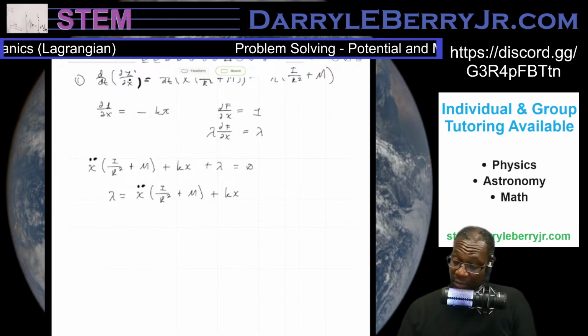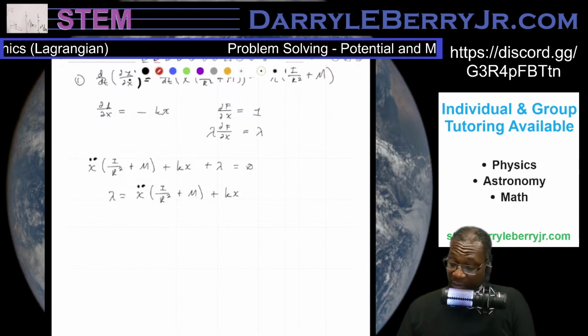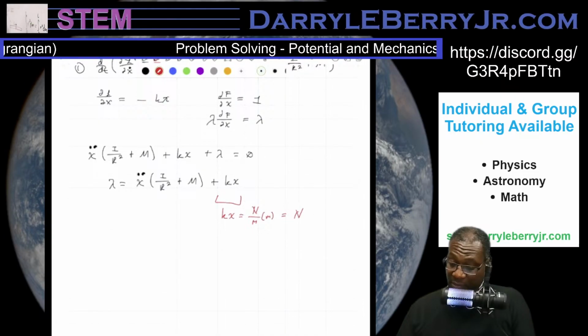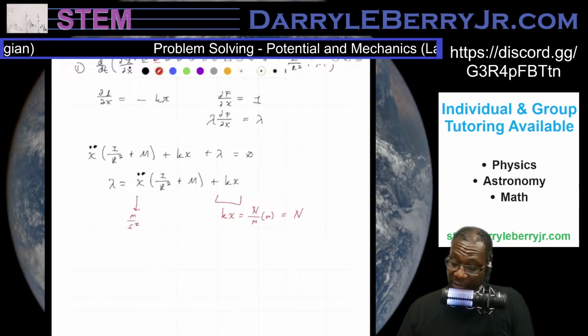Well, I mean, since the units are right, kx equals newtons over meters, meters equals newtons. And this is meters per second squared.